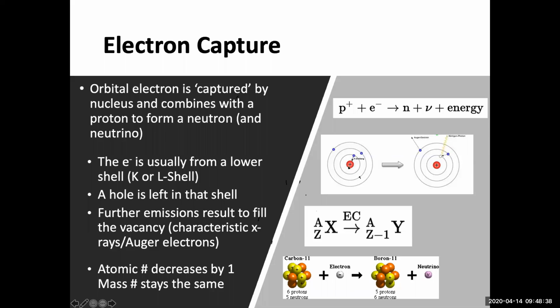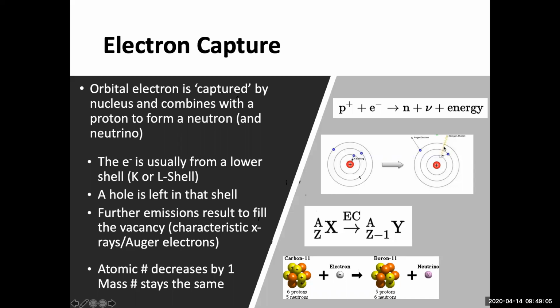So we lose one proton here. The electron is usually from a lower K or L shell, which is closer to the nucleus. The nucleus usually attracts the electron from the K shell. Again, a hole is left in the shell.